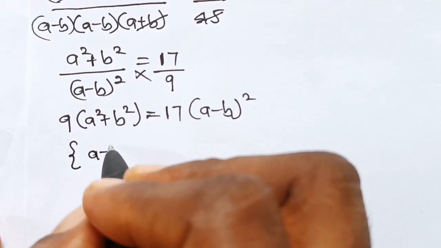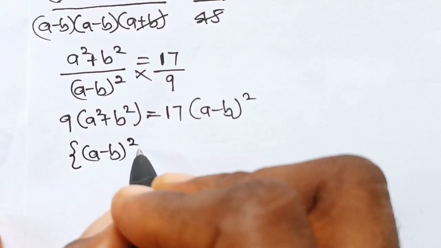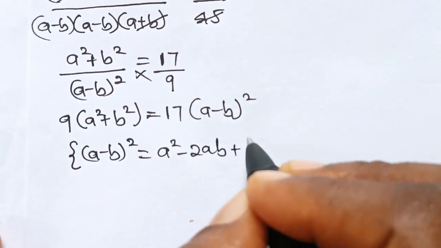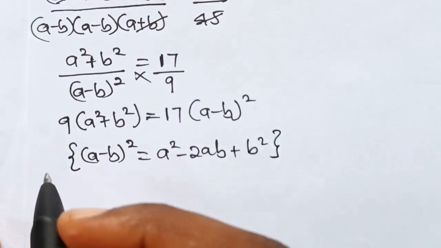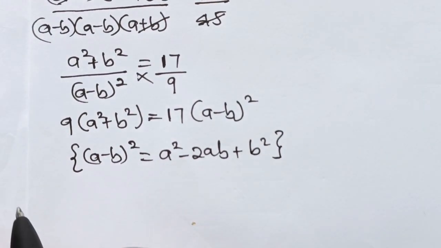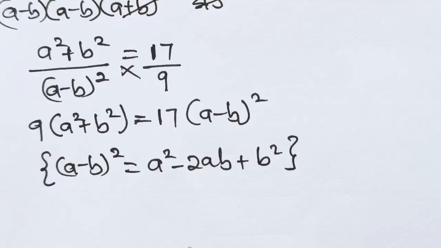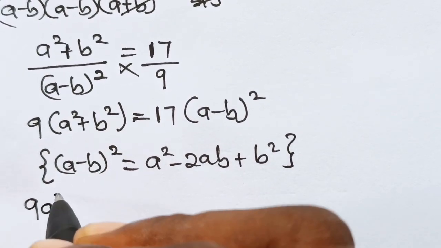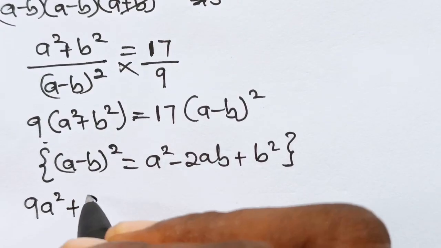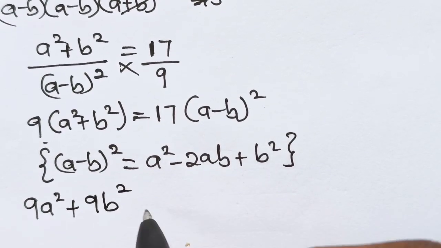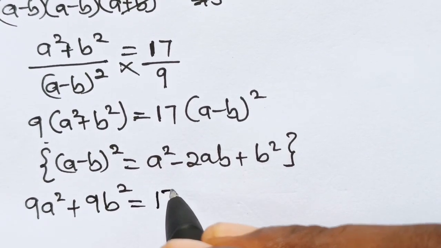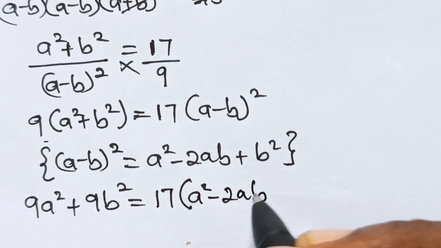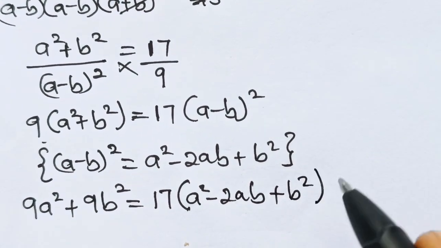Note that a minus b squared is equal to a squared minus 2ab plus b squared. Therefore, we can write this as 9 times a squared is 9a squared, 9 times b squared is 9b squared, is equal to 17 brackets a squared minus 2ab plus b squared.